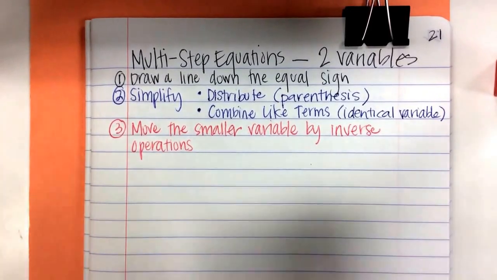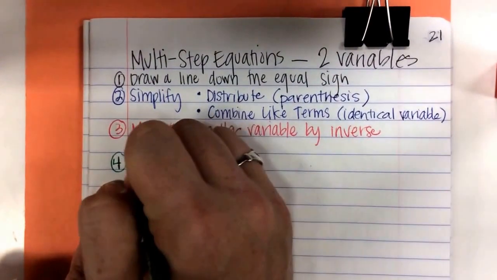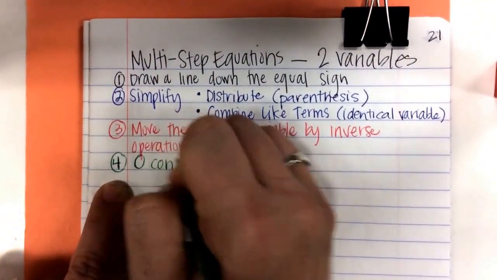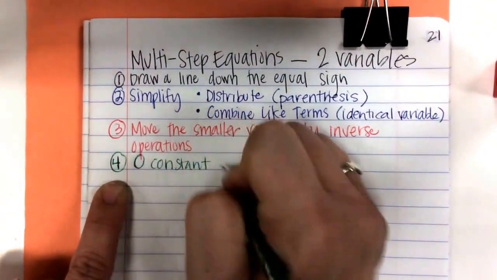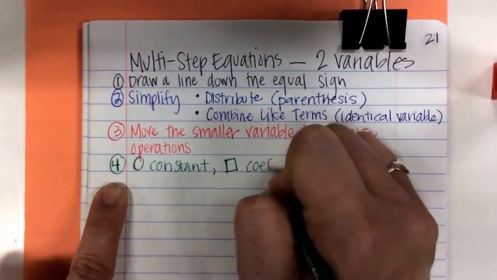After you move the smaller variable, we can do these problems because we circle the constant and draw a square around the coefficient.